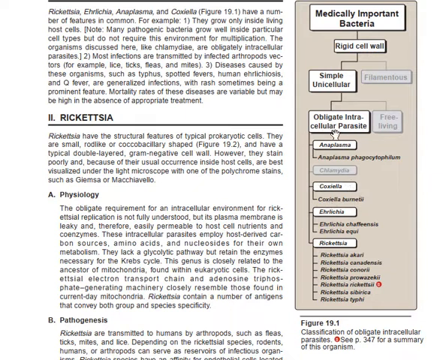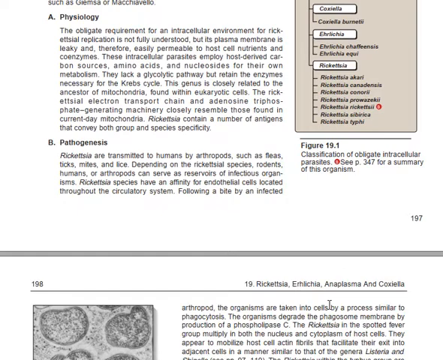Under Anaplasma, we have Anaplasma phagocytophilum. Under Ehrlichia, we have Ehrlichia chaffeensis and Ehrlichia equi. Under Rickettsiae, we have Rickettsia akari, Rickettsia canadensis, Rickettsia conorii, Rickettsia prowazekii, Rickettsia sibirica, and Rickettsia typhi.